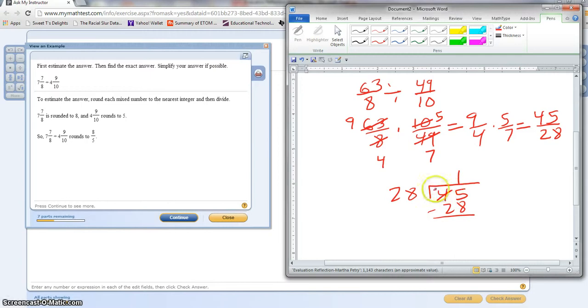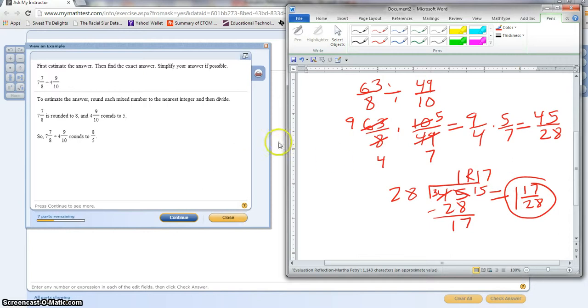So we borrow 1 from this 4, that gives us 3, and this 5 will become 15. 15 minus 8 is 7, 3 minus 2 is 1. So our remainder is 17. So our final answer is the whole number of 1. Our denominator stays 28, and our numerator is the remainder, which is 17. So it's 1 17/28.